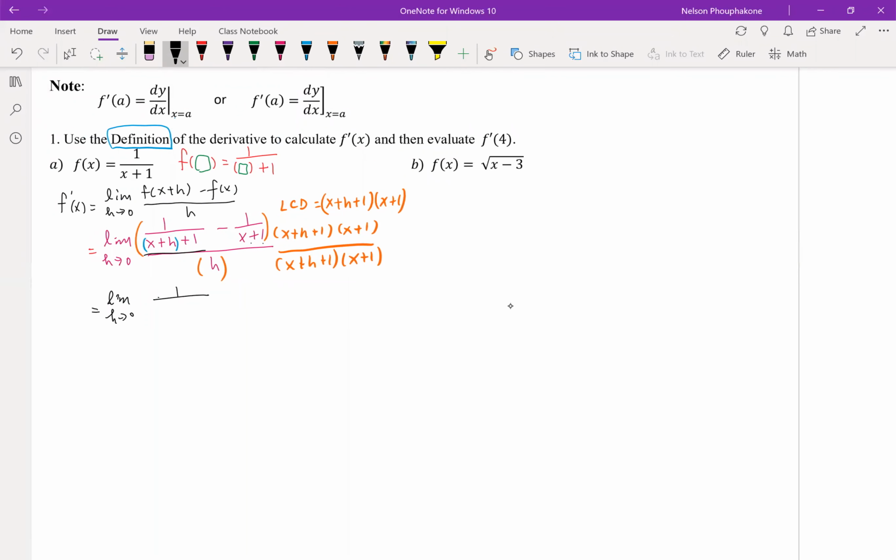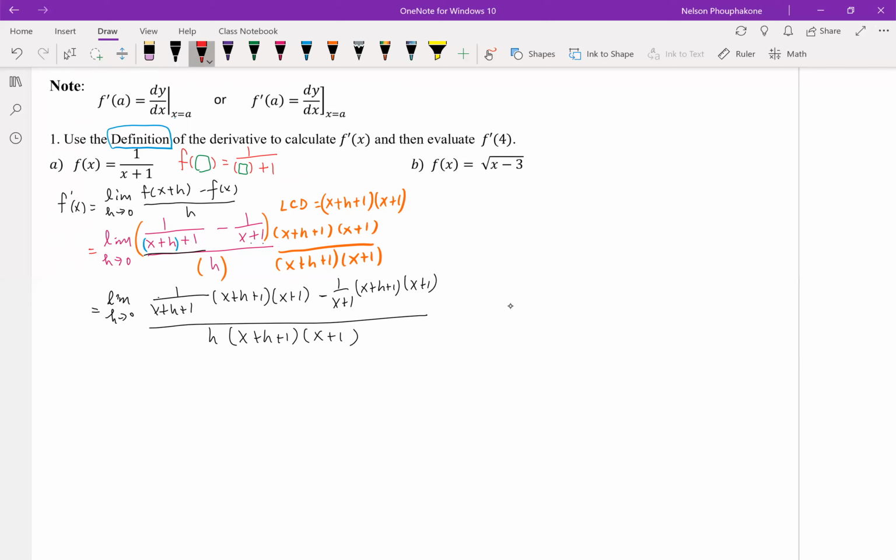So I will have this one multiplied by x plus h plus 1 times x plus 1, and then minus 1 over x plus 1 times x plus h plus 1 times x plus 1. This is the idea, and then all over h times x plus h plus 1 times x plus 1.